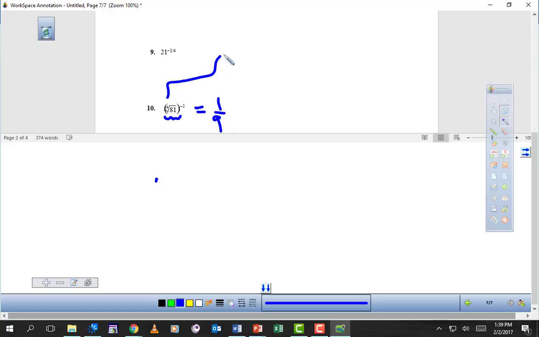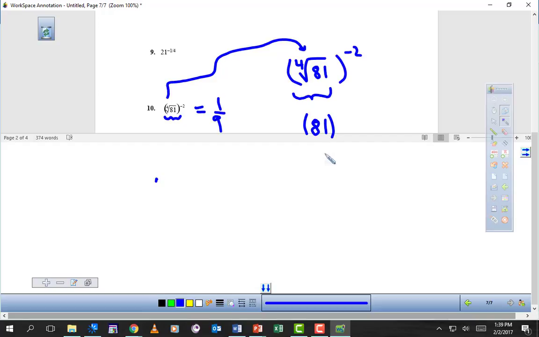Let me show you this one now without a calculator. Okay, so we have the index is 4, right? And we have 81 here, and we have -2 here. Now remember, I can go to fractional exponential form. I could write this as 81 to what power? To the 1/4 power. Remember, this goes in the denominator, right? And then you could write that to the -2 power.